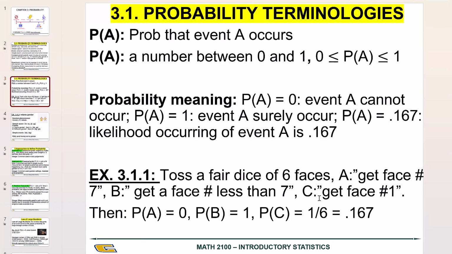If you have a probability of 0, it means the event A cannot occur, it is impossible. Say, if you touch boiling water, and the event A is that you won't get burned, then P(A) will be 0, because if you touch boiling water, for sure you get burned.